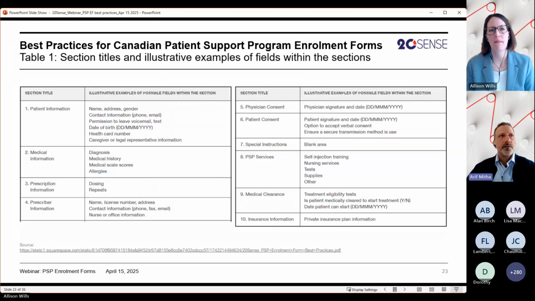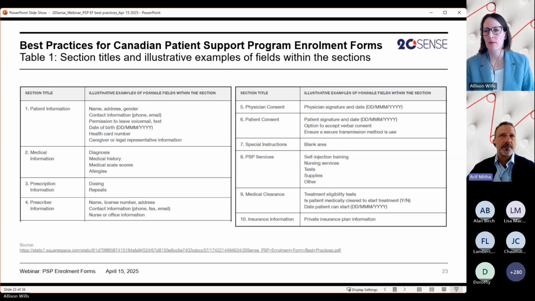Okay, next page. So within those 10 sections, the PSP Leaders Forum, we thought we needed more detail for this to be an effective tool for everyone to use. So we went through and listed some more detail below each section. So what types of things would go in each section?